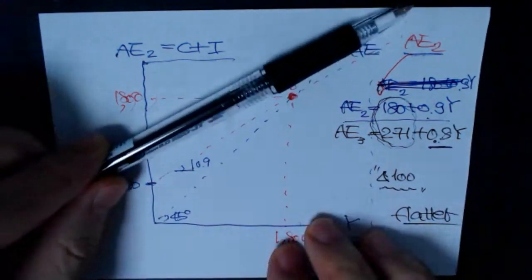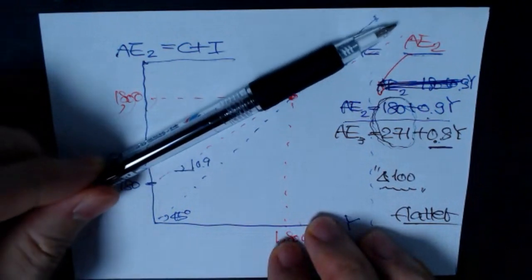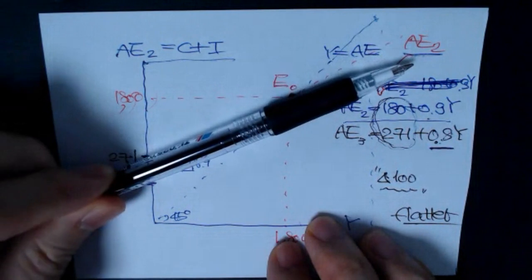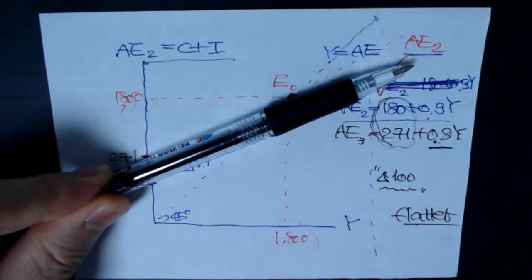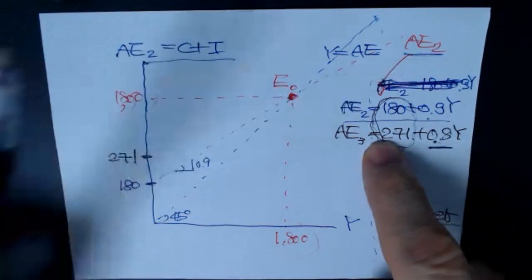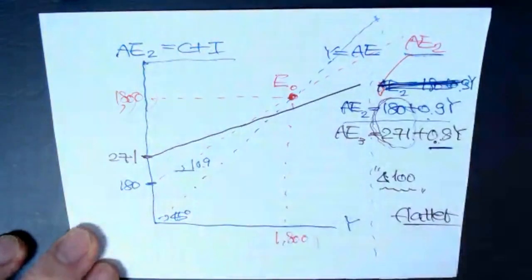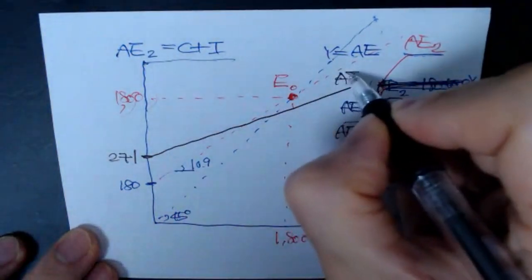So we draw a graph like this, flatter, higher intercept. And we name this AE3.